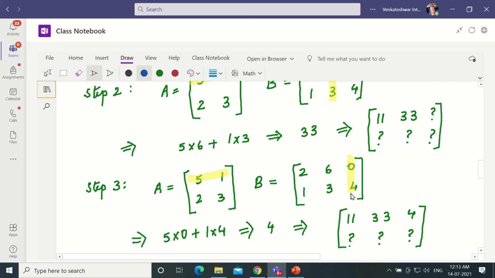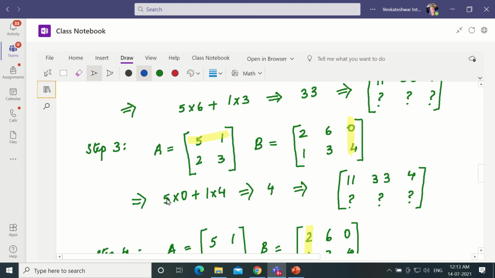So you keep on doing this till you've exhausted the columns. So here I have the third column, which is my last column also. So I will multiply 5 with 0 and 1 with 4 and then add. So I have 5 into 0 plus 1 into 4. So this value is 4. So now my first row is complete.